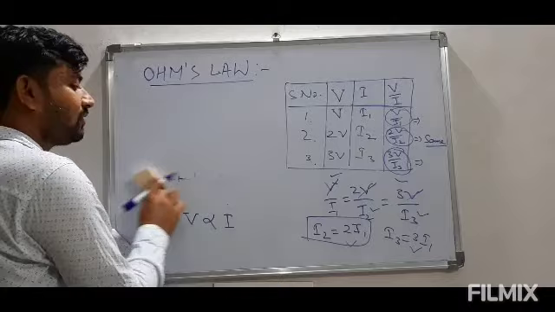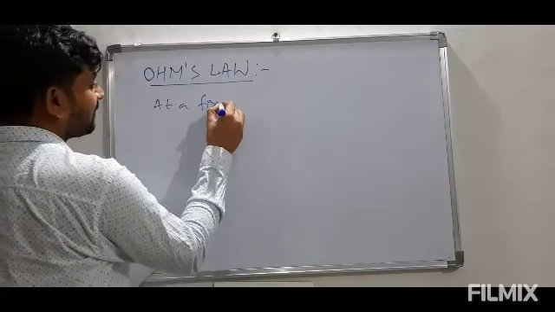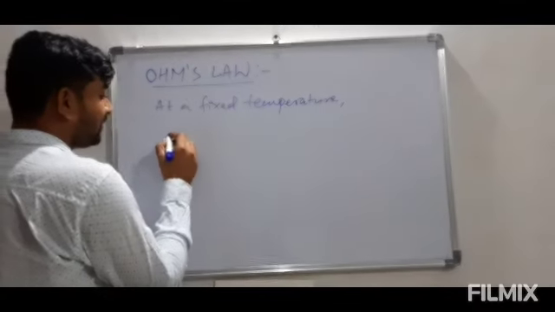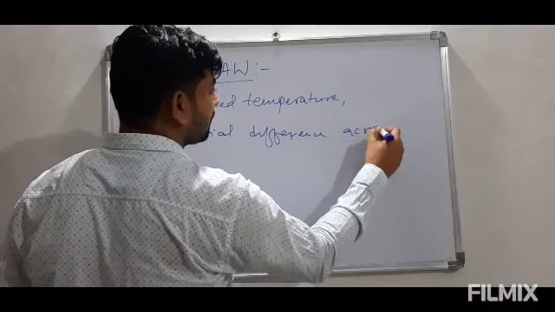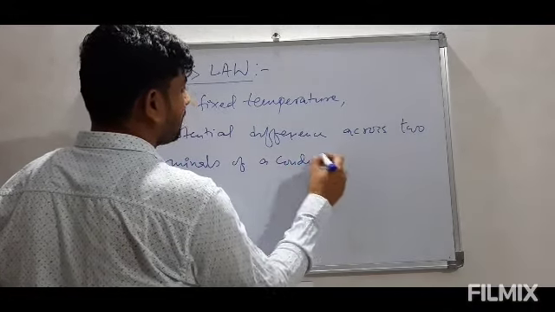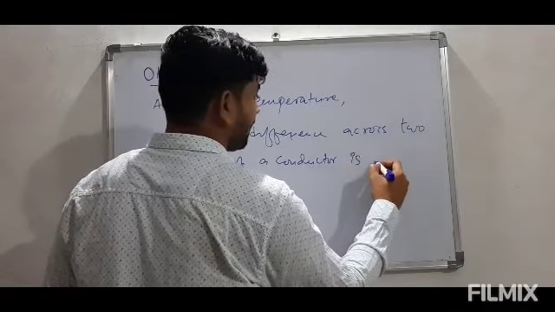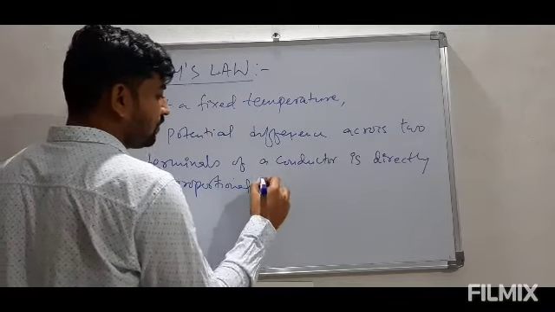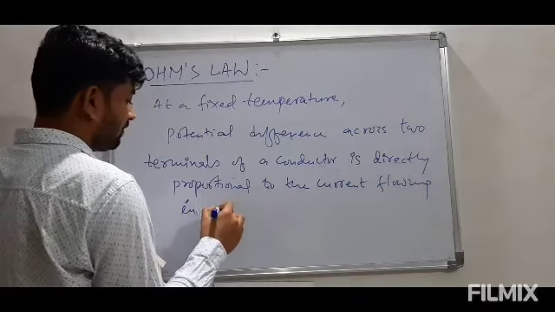So now let us come to the statement of this law, that is Ohm's law. So what he said, at a fixed temperature, or we can say physical conditions, the potential difference across two terminals of a conductor is directly proportional to the current flowing in the circuit.